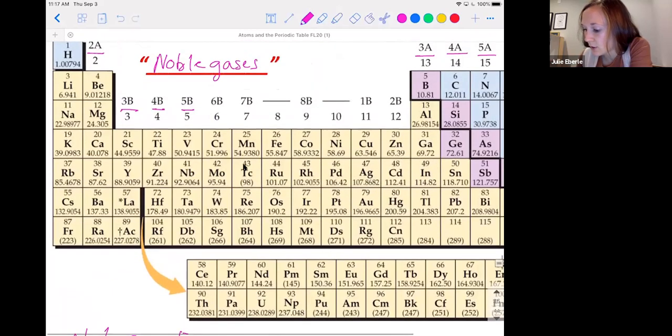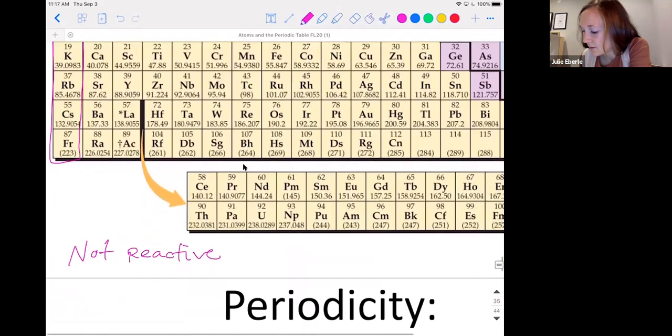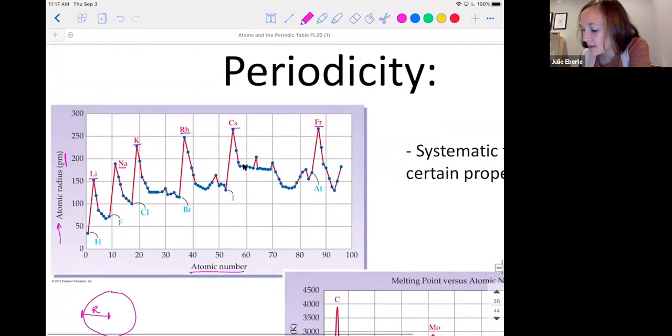These are all our group 1 elements, main group 1. So what does that mean? That means these elements tend to be the largest element in their row, or tend to be larger elements.